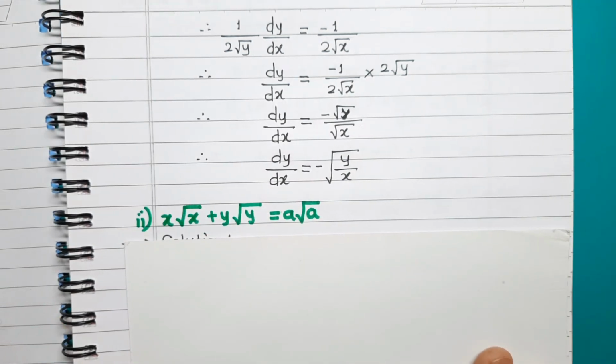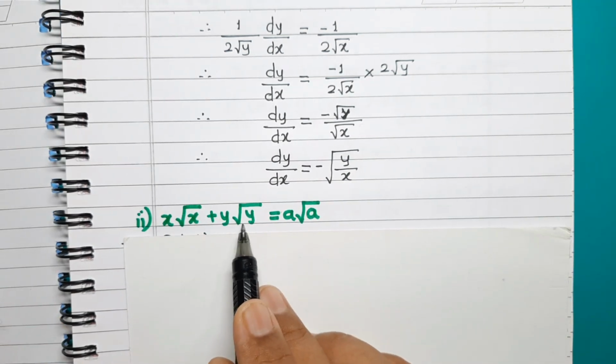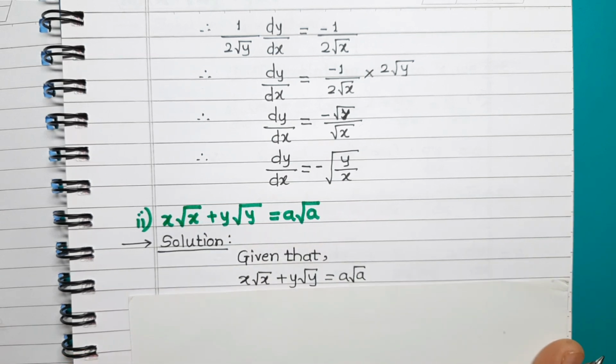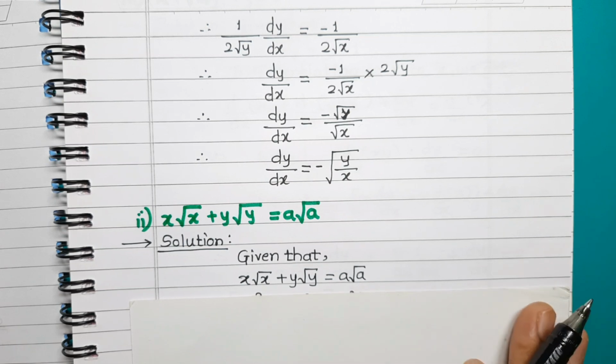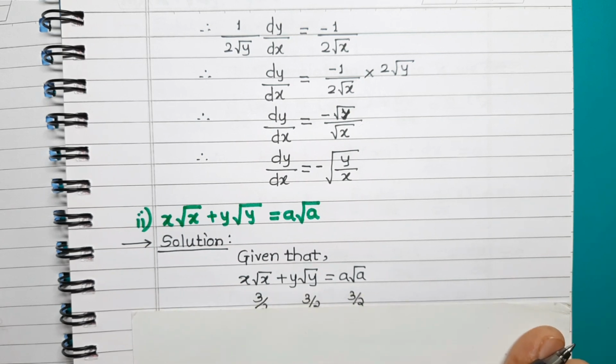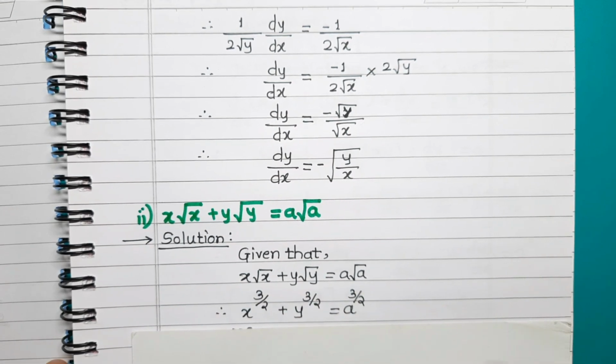The next function is x root x plus y root y is equal to a root a. So in the solution you write down the given function, and see here again we are going to treat this a as a constant. Okay, so here we can write this x root x term as x raised to 3 by 2 by using rules of indices.